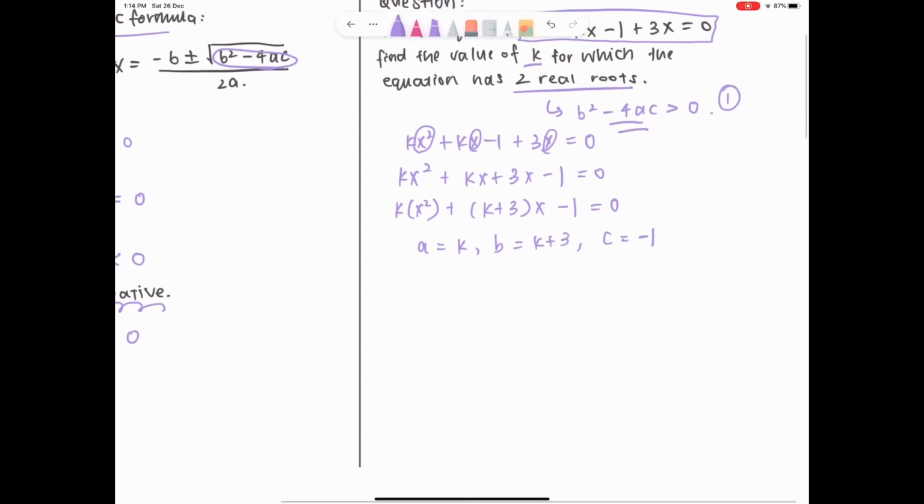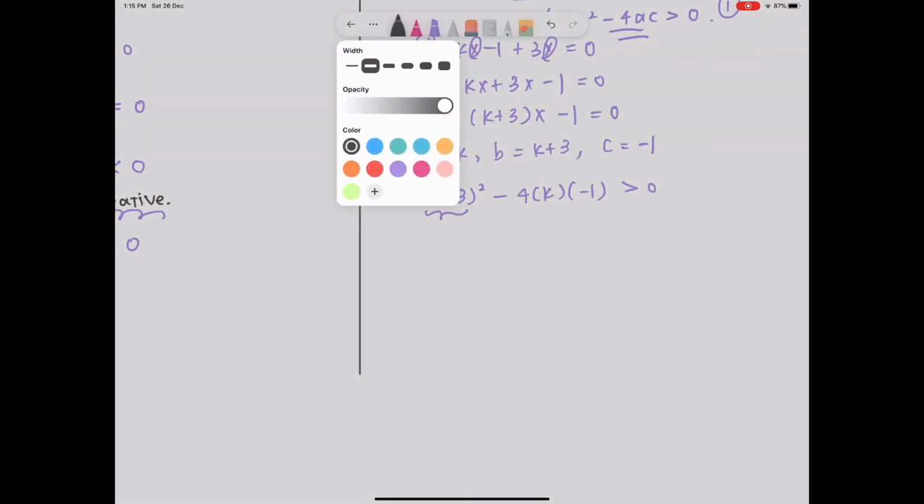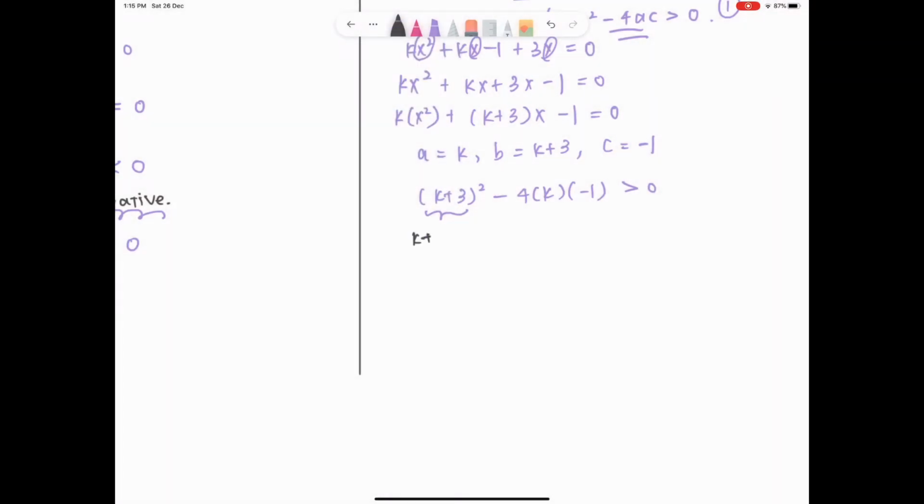So here you would just plug these values in. So (k plus 3) squared minus 4k times minus 1 is greater than 0. And then here you're going to use your formula to expand this out. So (k plus 3) squared is k squared plus 2 times 3 times k.